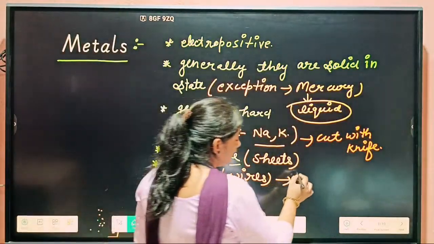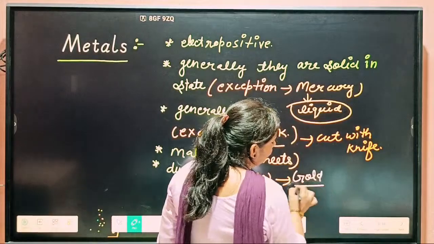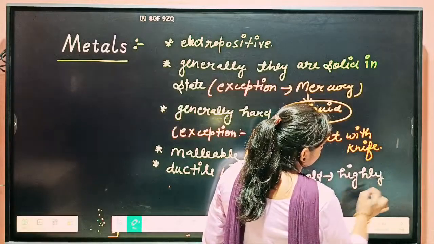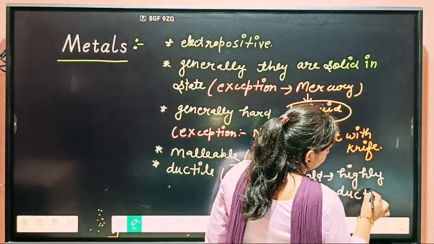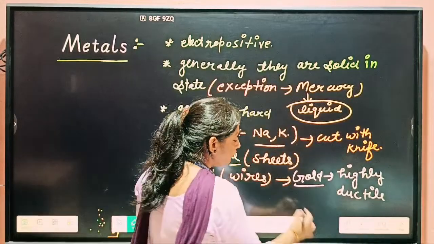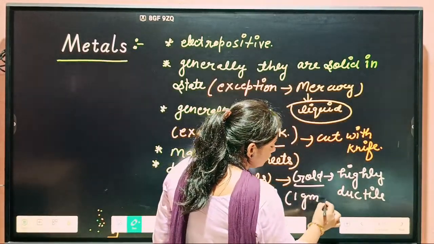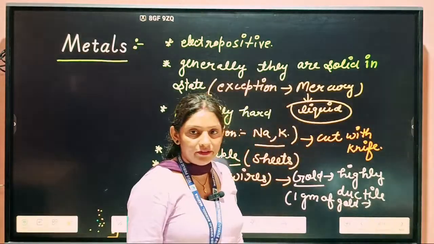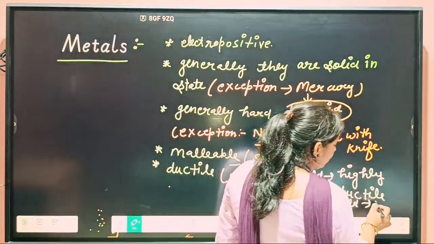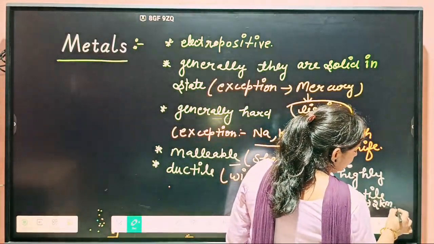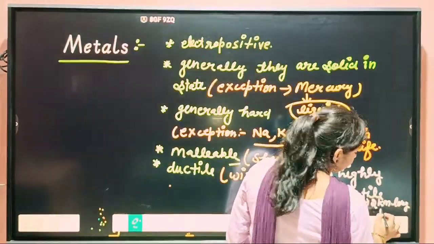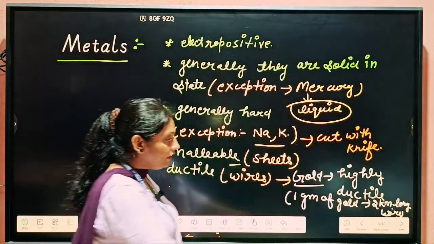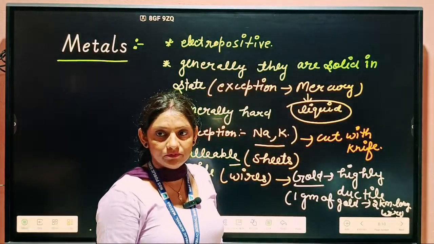Gold is highly ductile in nature. You know, from 1 gram of gold we can draw a 2 kilometer long wire, because it is highly ductile in nature.